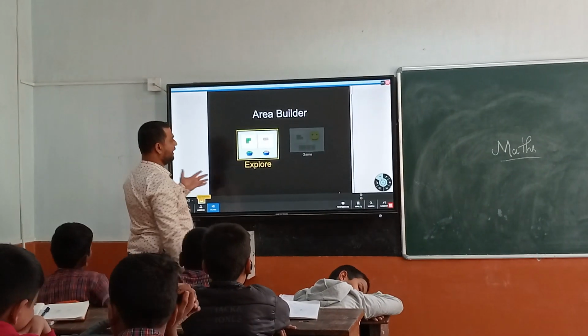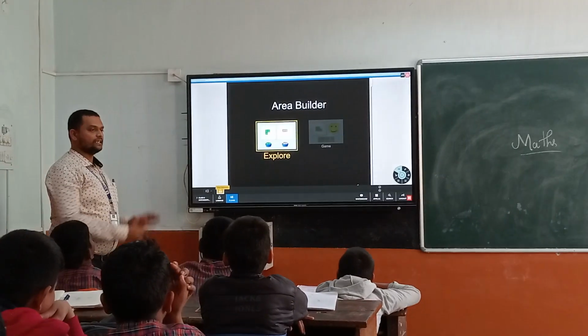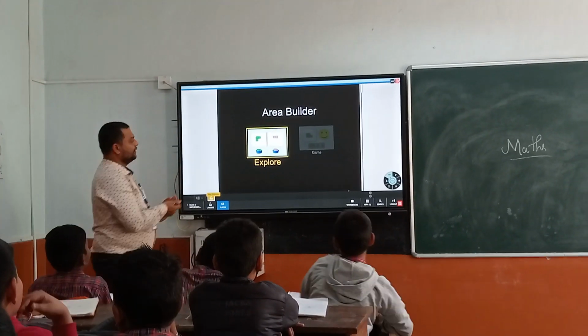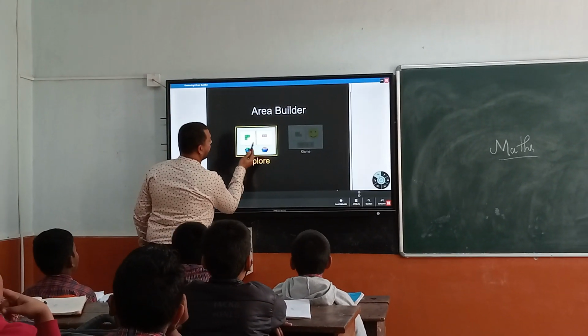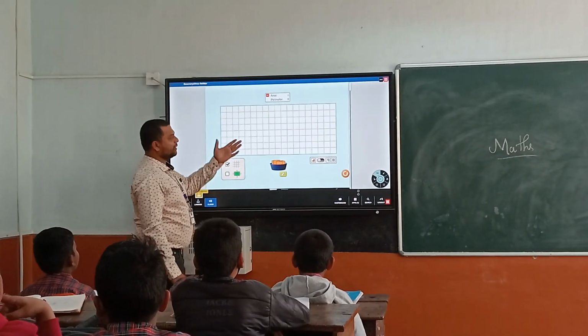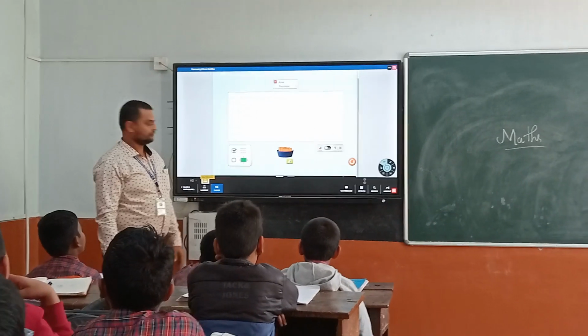Yes, this is the area builder. So we will see some lab activity now. So here it is: area and perimeter, how we can find at a time.